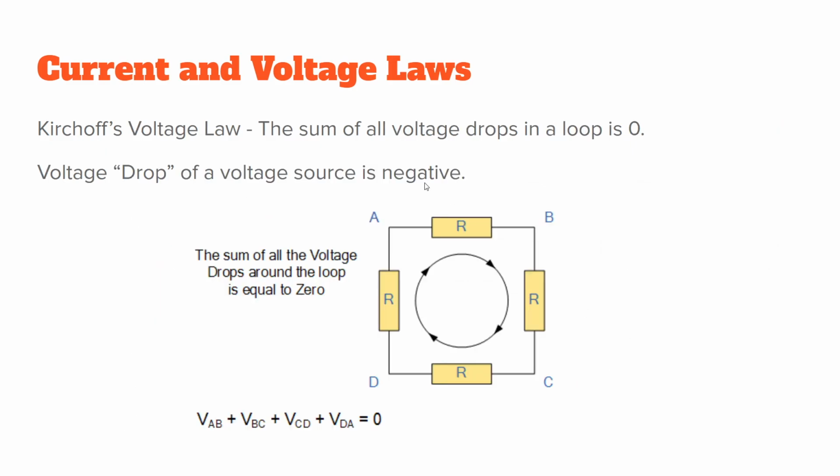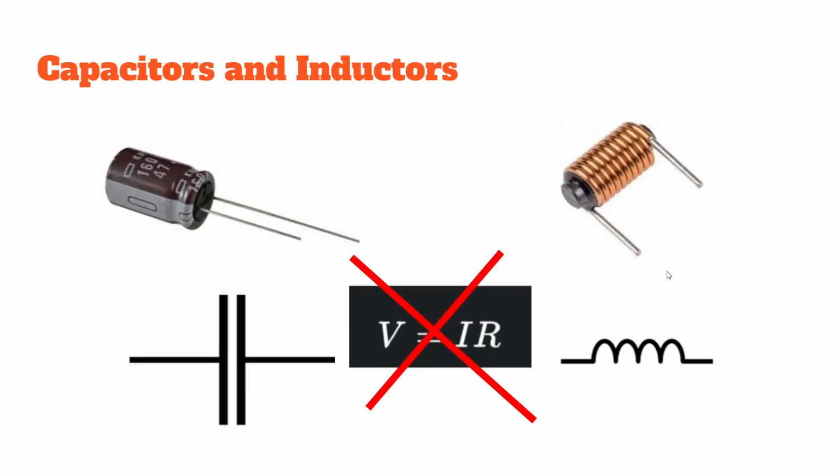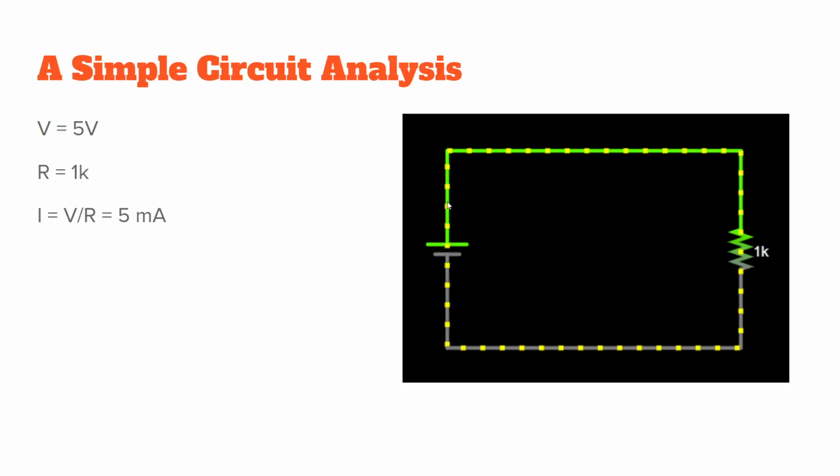The other Kirchhoff law is Kirchhoff's voltage law, and that states that the sum of all voltage drops in a loop is 0. So the voltage drop between A and B plus the voltage drop between B and C plus the voltage drop between C and D plus the voltage drop between D and A. And you might be thinking to yourself, wait a minute, what about this one? There's a voltage drop right here. Now what about coming back?